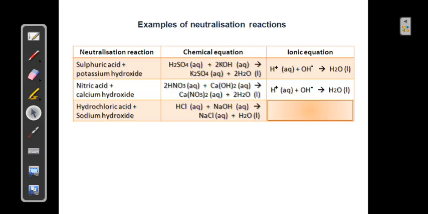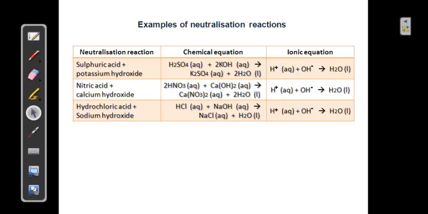So this is 1 against 1, 1 hydrogen plus 1 natrium. The 1 Cl will join up with the sodium to form sodium chloride, and the 1 H will join with the OH to make one water molecule.